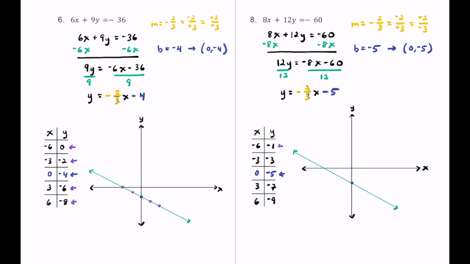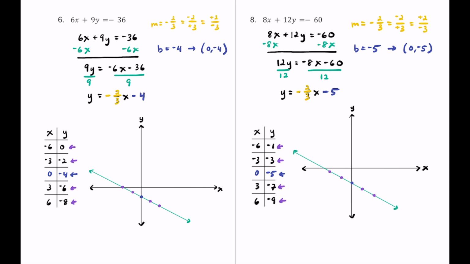So we have -6, -1, so -6, -1 might be somewhere pretty close to the x-axis right there. Then we have -3, -3. Let's put that right over here. Then we have 3, -7. That's going to be somewhere down here in quadrant 4. And then finally we have this 6, -9, so that's going to be just a little bit further down. All right, so here's a rough sketch.